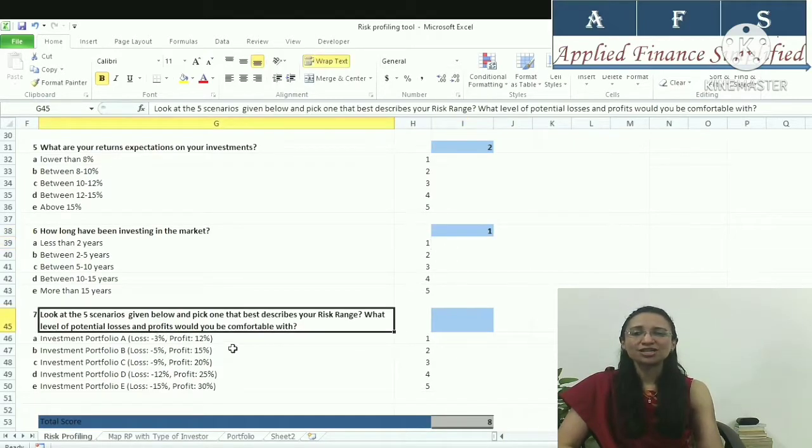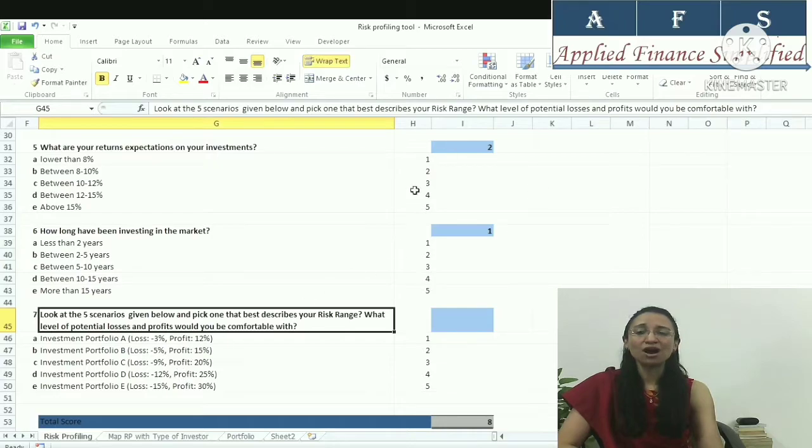The next question is, look at the 5 scenarios given below and pick one that best describes your risk range. Here there are 5 investment scenarios given with estimated losses during bad times and profits during good times. Based on your risk appetite, you need to select the portfolio that you would like to invest in or hold on to.